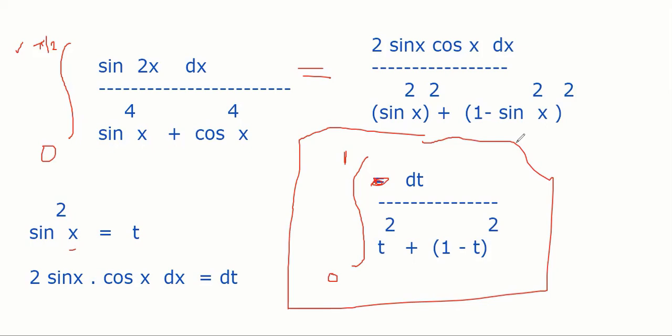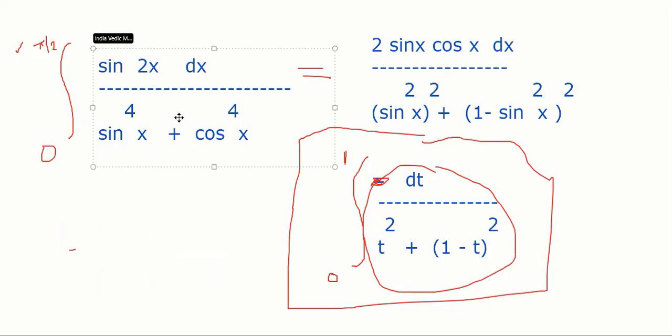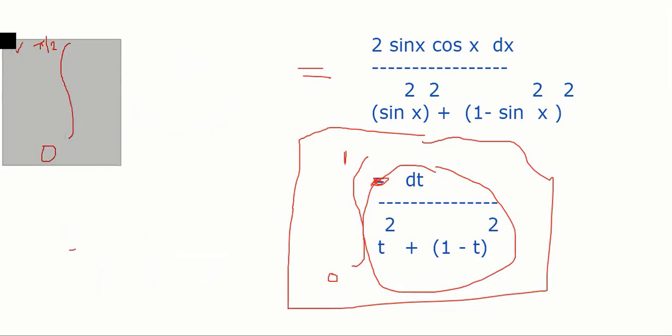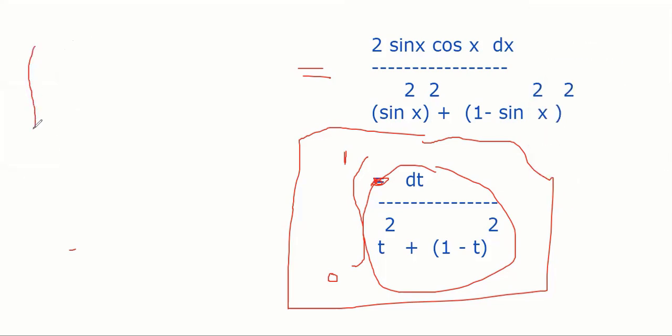Let's see how to solve this first. So now I erase everything and keep only this function, and we'll work on this now. Now our question has become original, so it doesn't matter what we substituted. We'll put 0 to 1 dt by t square plus 1 minus t whole square.